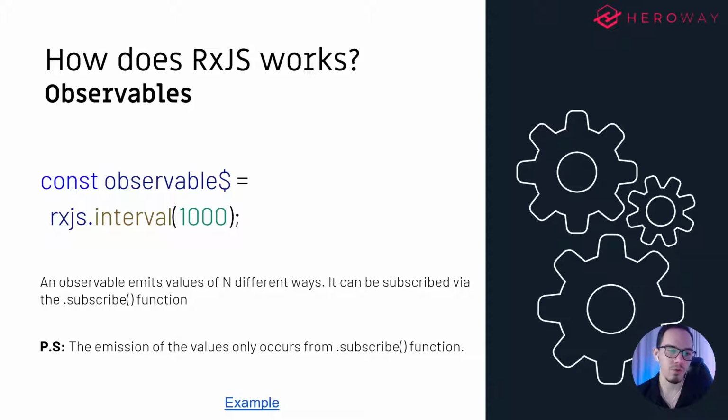An observable is a function that emits values in many different ways. So we can emit a lot of values, and it can be subscribed via the subscribe function, as we saw in our previous example. Let me show you here in our example.